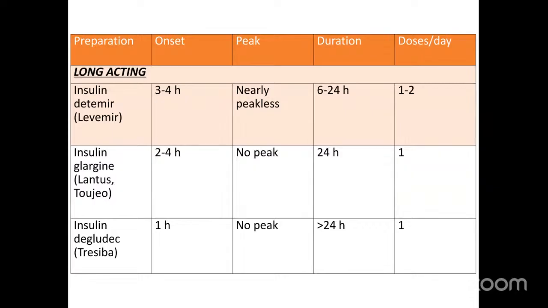The last category, long-acting insulin: we have insulin detemir, insulin glargine, and insulin degludec. They all have an onset of action between 1 and 4 hours, but they have no peak or are nearly peakless, and the same duration of action, more than 24 hours. So it could be used once per day, like insulin glargine. Insulin detemir can be used once or twice daily.